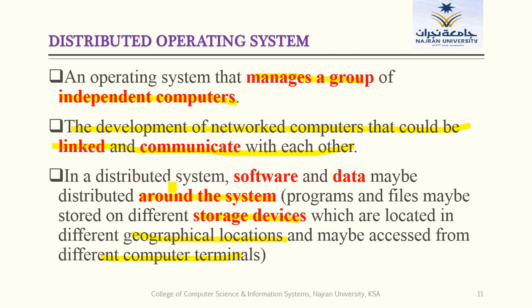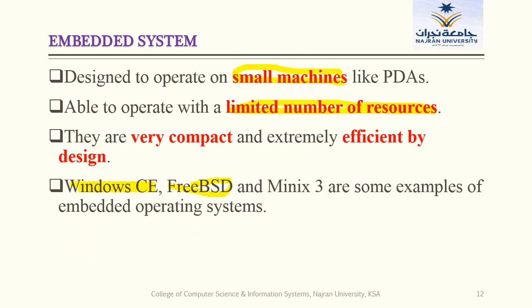Then we have discussed distributed operating systems, which are used to manage a group of independent computers. They are linked with each other and can communicate with each other, and the data and software are distributed around the network and they are accessing them. Then we have seen embedded operating systems. These are installed on our smartphones, tablets, PDAs, all the small devices that we have.